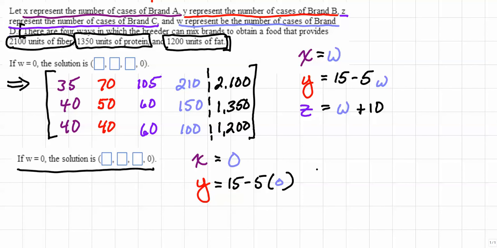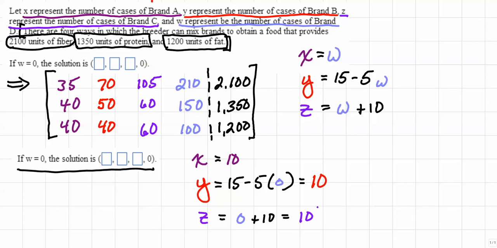Therefore, we will have the value of 10. And then we will have z is equal to w plus 10, and w in this case will be 0 plus 10. Therefore, z will be equal to 10.